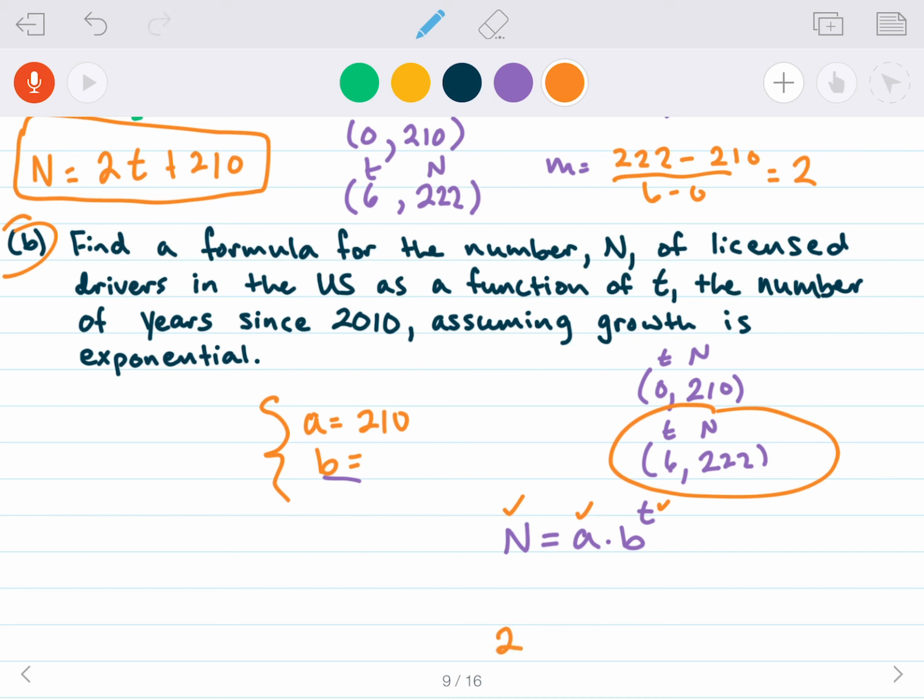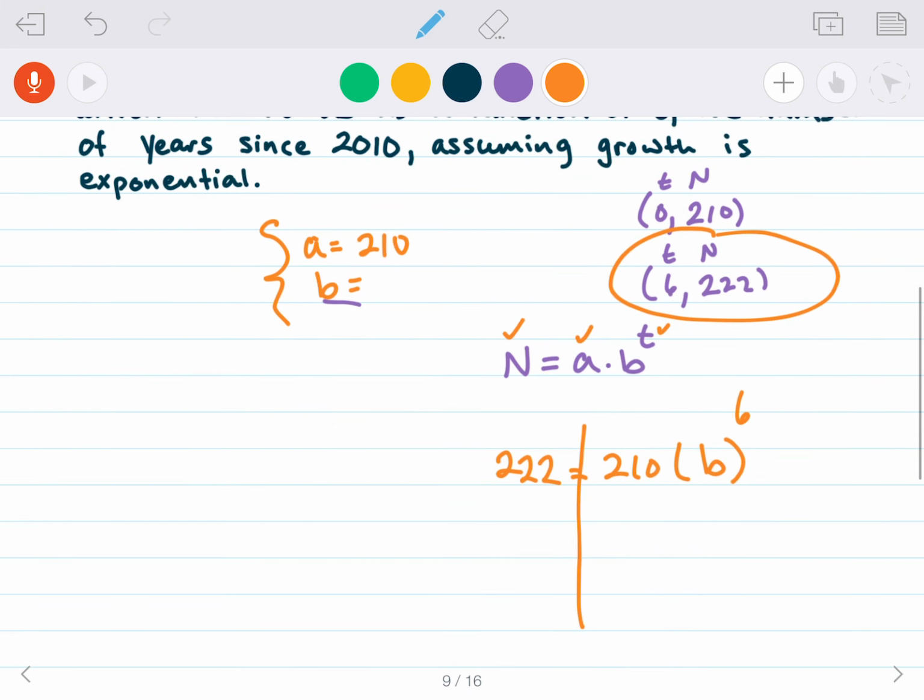So we have 222 for n equals 210 for a times b, which we are trying to find, all raised to the 6th. And now we have everything in one variable. We can solve for b. So the first thing you can do is you can undo multiplication by 210 by dividing both sides by 210.